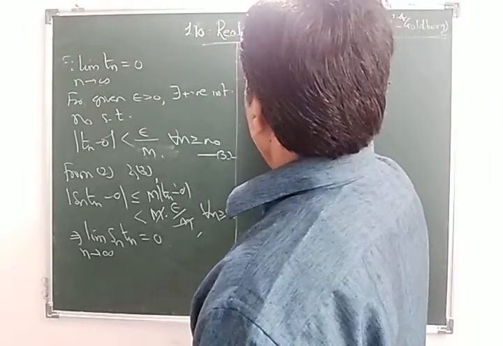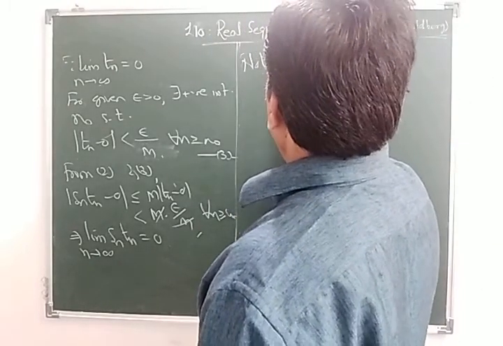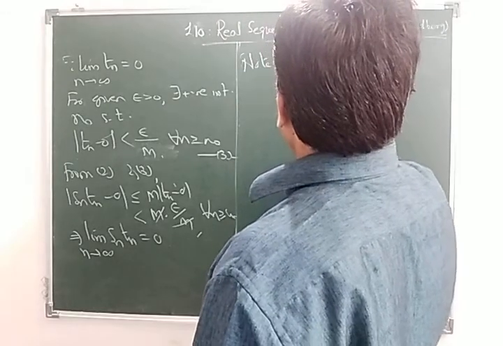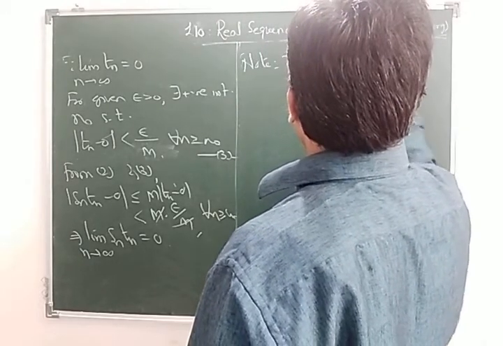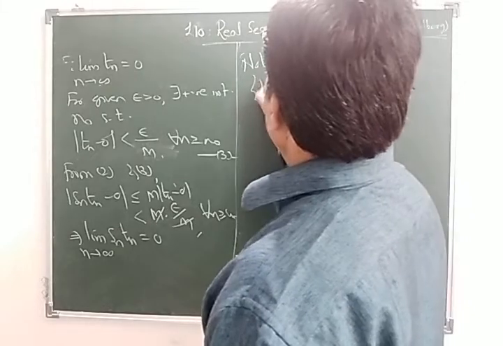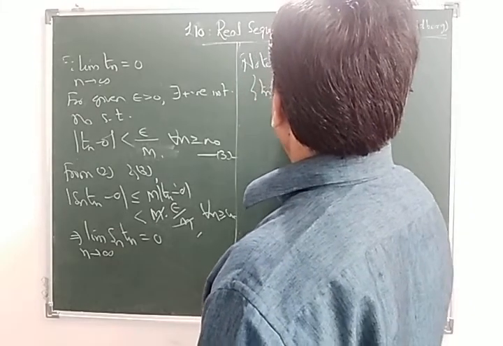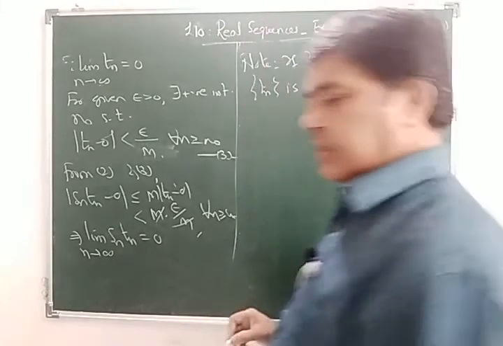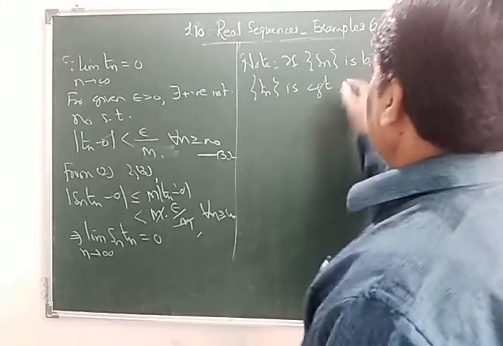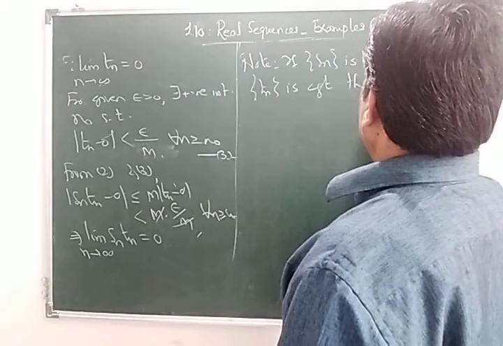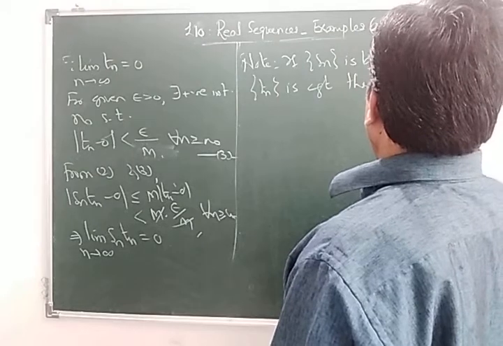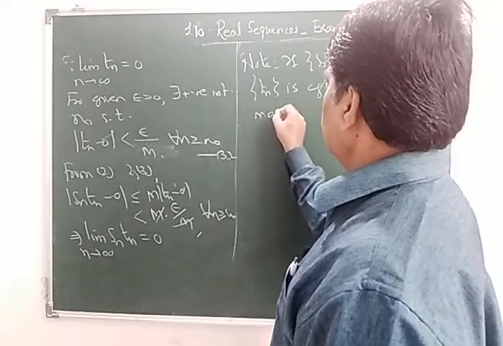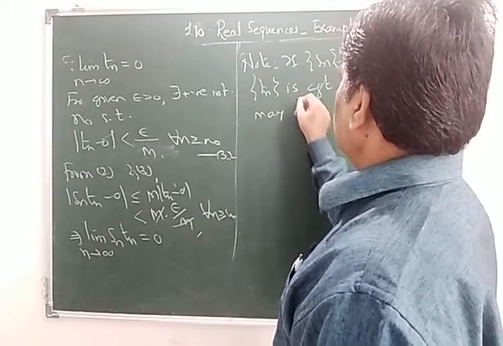Note, if Sn is bounded and Tn is convergent, then Sn Tn may not be convergent, it may be divergent.